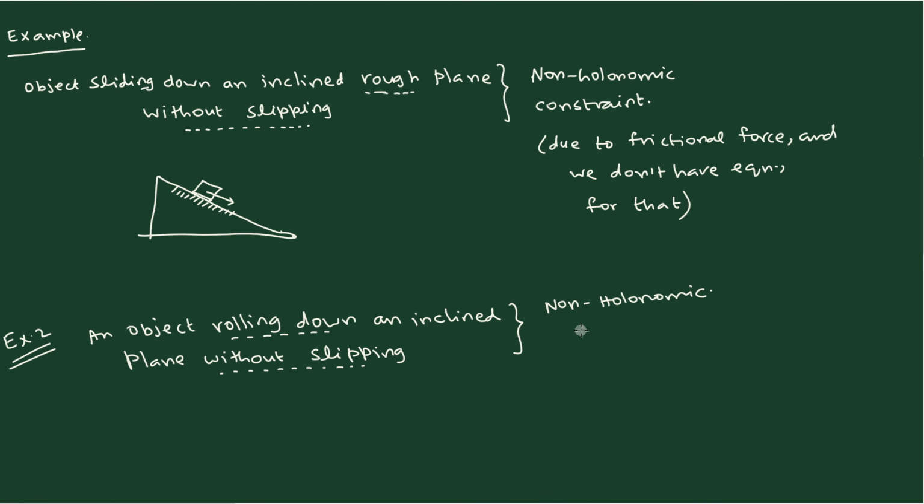If you ask a specific question, for example, why is it non-holonomic, due to what reason, you should also provide that: classification is correct, non-holonomic, because frictional forces are involved and you do not know the equation for that force, etc. But there is a big difference between the previous example and this present example number 2, and the reason is an additional reason over and above this.